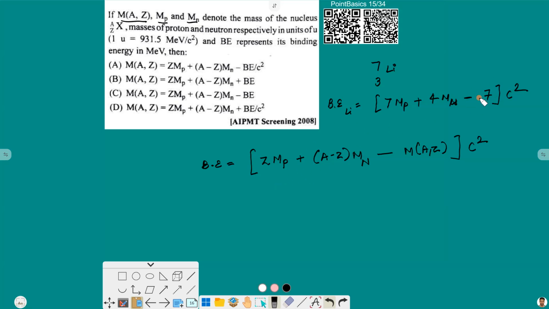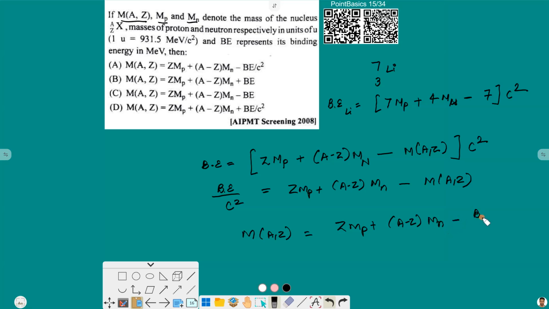So from this I can write binding energy by C square is equal to ZMp plus (A minus Z)Mn minus M(A,Z). So from this, mass M(A,Z) will be equal to ZMp plus (A minus Z)Mn minus BE by C square. So that is option A for us.